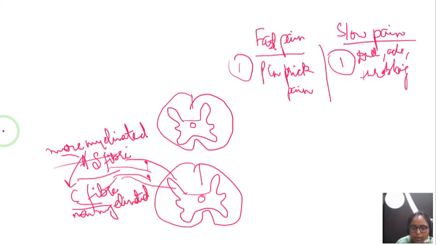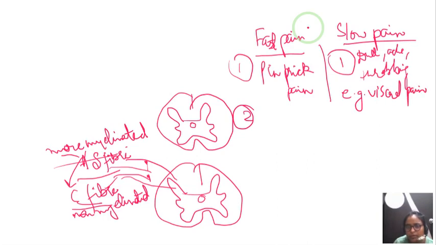Myelinated means it is the myelin sheath which we are talking about, right? If I have to say that your fast pain is your pinprick pain, and your slow pain is your dull ache, throbbing pain, for example your visceral pain.